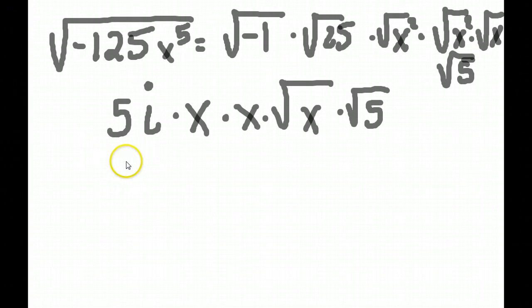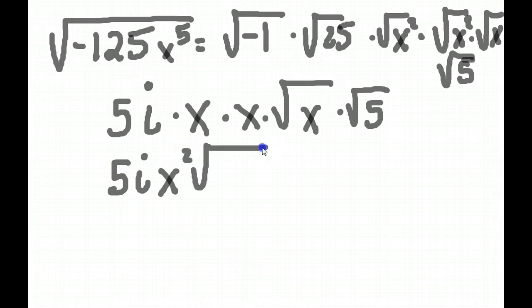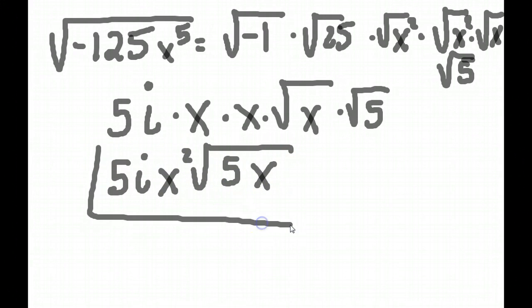And when we simplify this, we end up with 5i x squared times the square root of 5x. So that 5x we can't pull out from underneath the radical sign. And so that's as far as we can simplify this down.